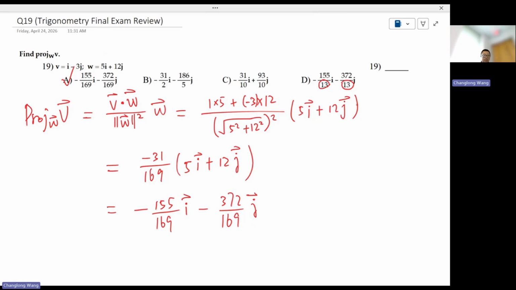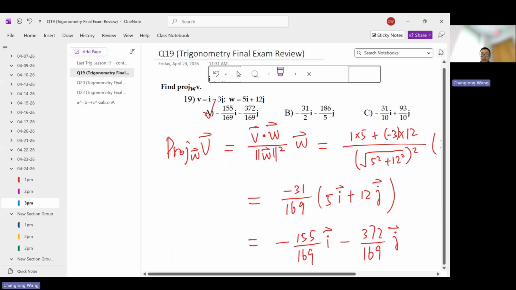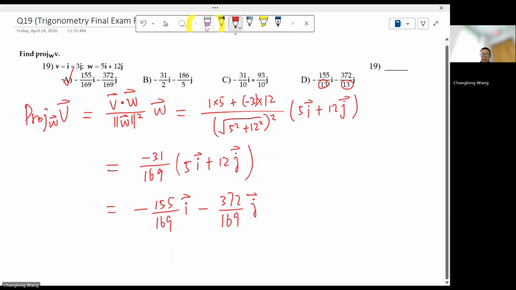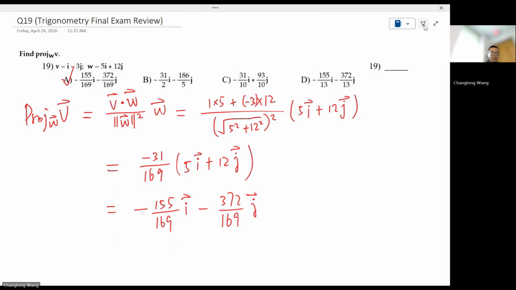Also, there might be an option that looks just like A, but instead of having a negative sign, they might have another option that has a plus sign in the middle, because there will be a sign flip. Okay, so that's one subtlety.